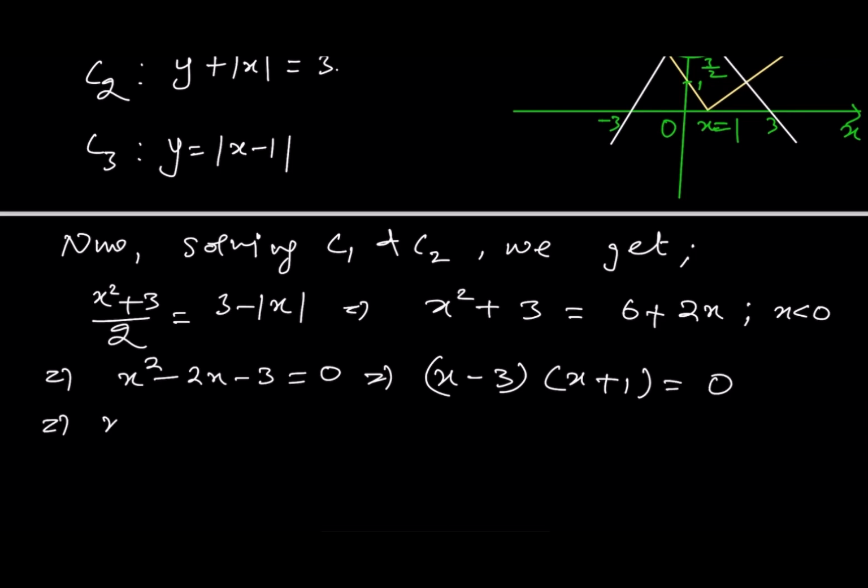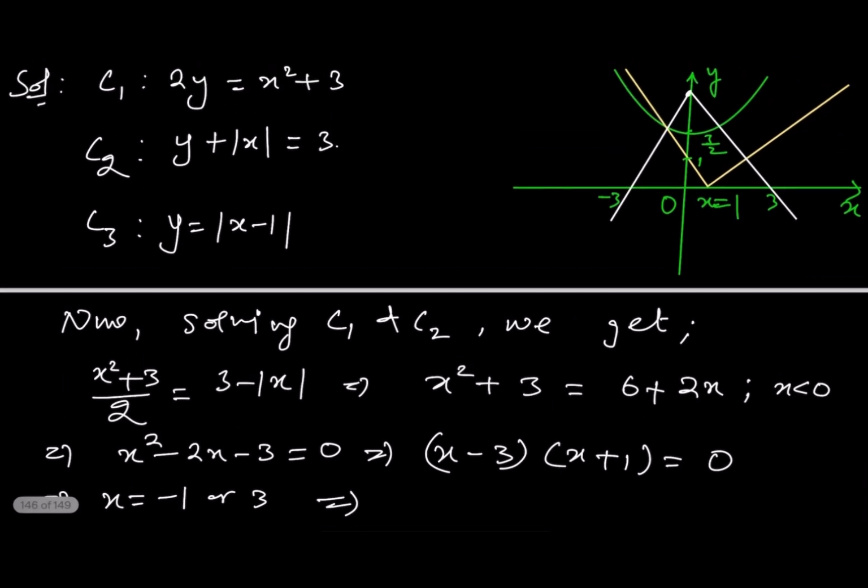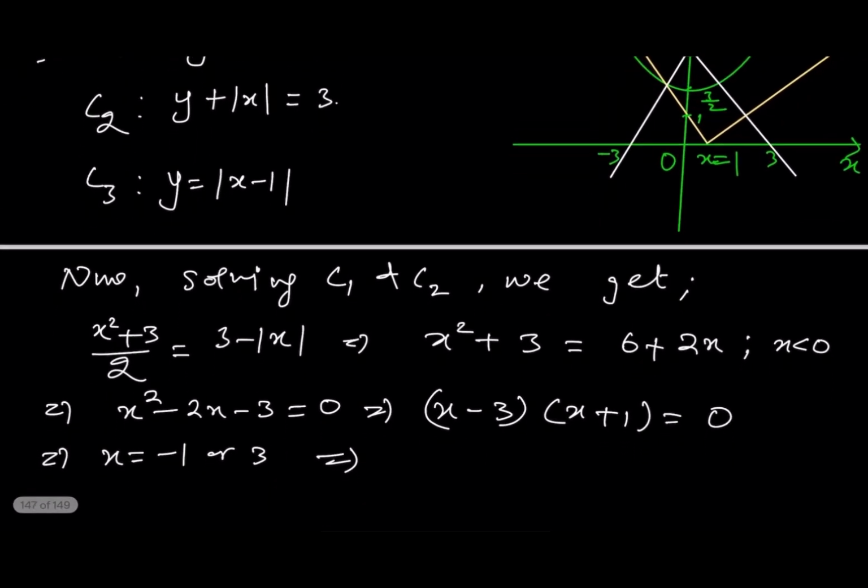So x is equal to minus 1 or 3. But we are finding x for x less than 0, so x is equal to minus 1.